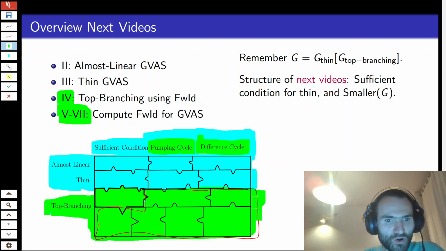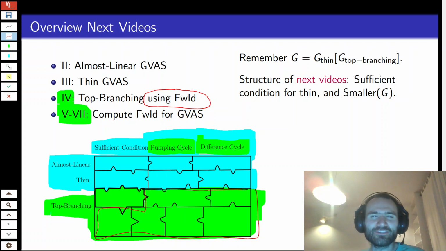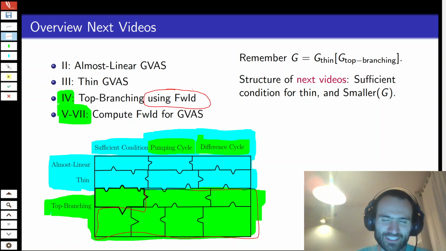Specifically, 4 will show everything, assuming that we can compute some function I call forward ideal. And then finally, videos 5 to 7 will show how to compute forward ideal for GVAS. But either way, I hope that this video has convinced you that GVAS reachability is actually decidable and given you the general theme of how the algorithm is going to work.